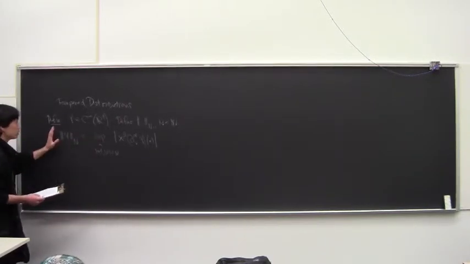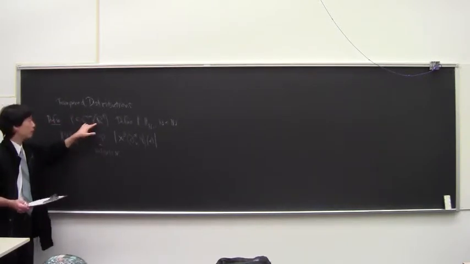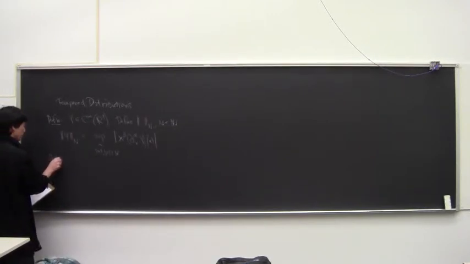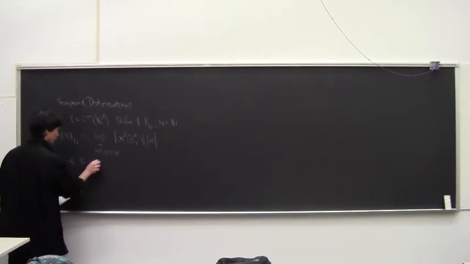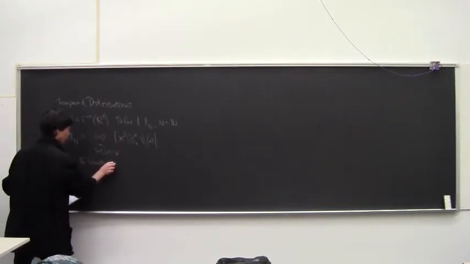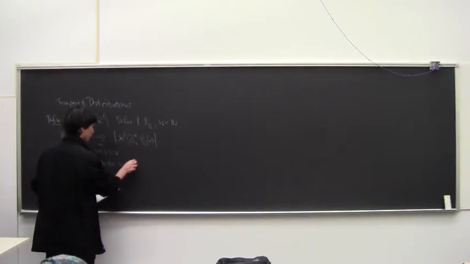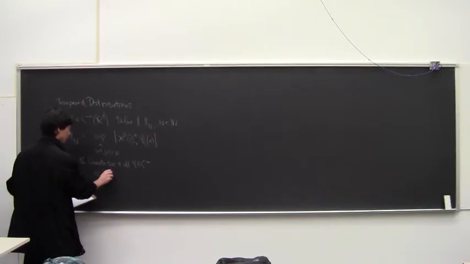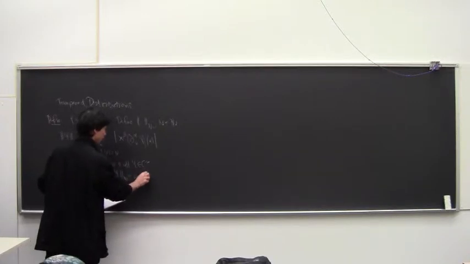Okay. So there's this infinite family of norms defined on C infinity, and as you recall, the Schwartz class S is all phi in C infinity such that this thing is finite for all n.